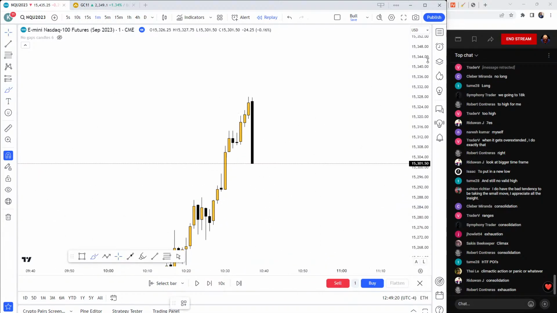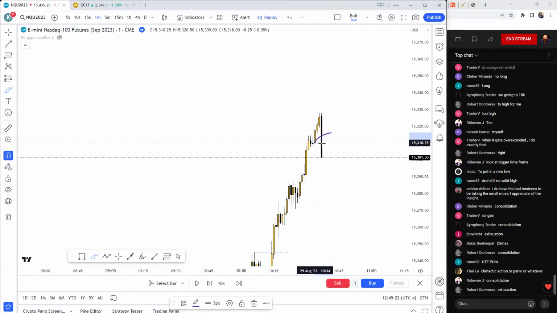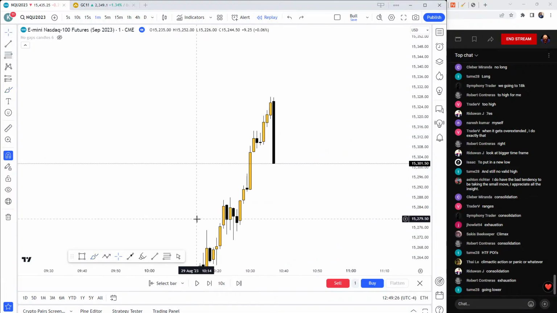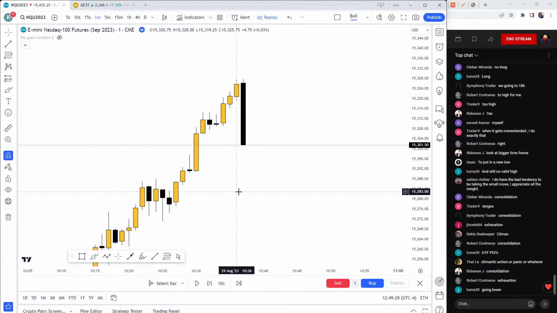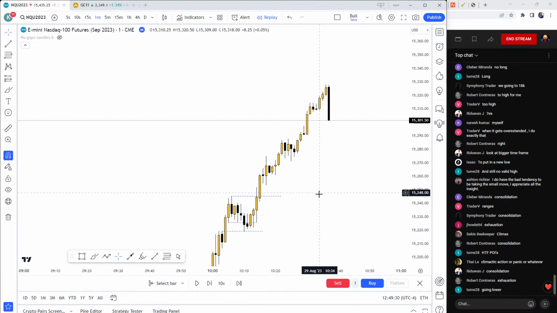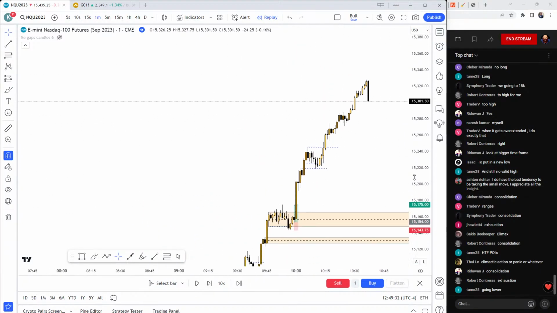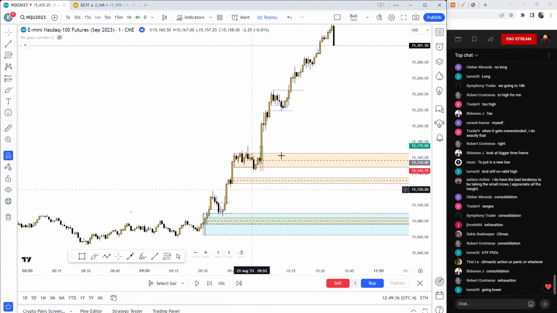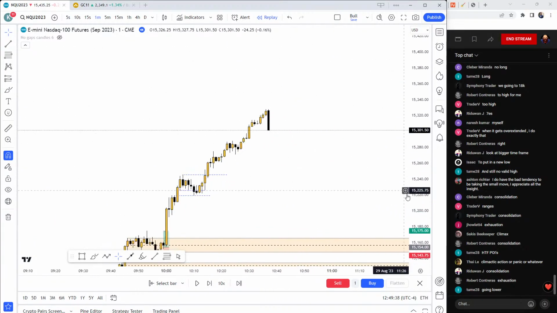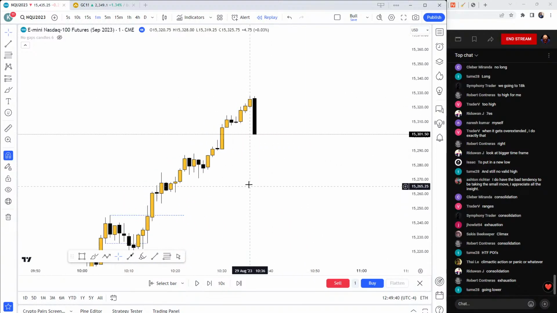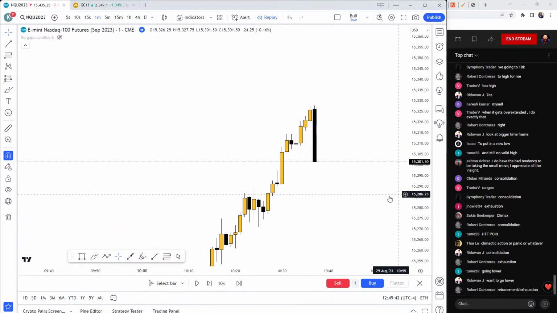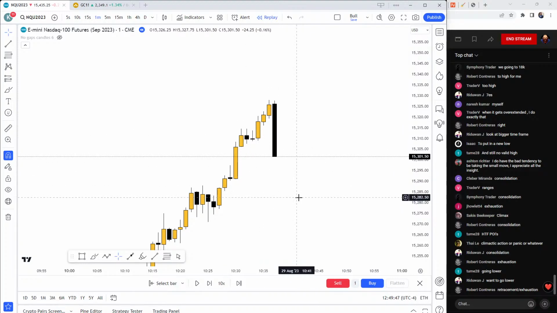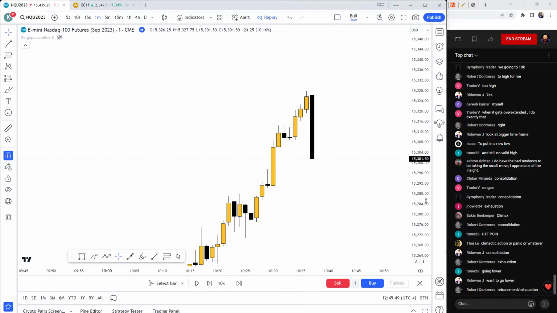That doesn't mean we're looking to short up here. And the only reason that I'm actually looking for some sort of a pullback is because we're up 300 points from this move. That doesn't mean that we short at 300 points, but we're starting to get to our average true range.